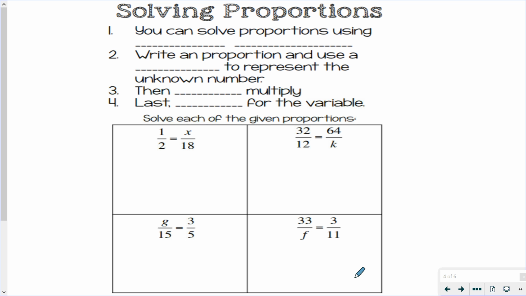Now, when you are solving proportions, there are 4 things that you want to make sure you are taking note of. Number one, you can solve a proportion using, here again, what is known as cross products.